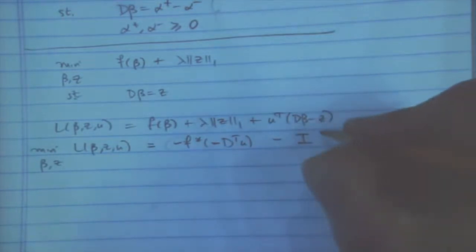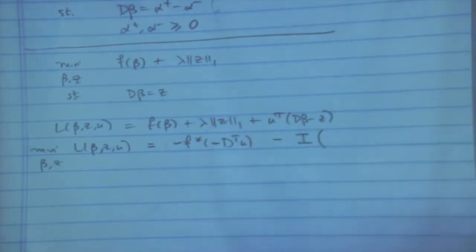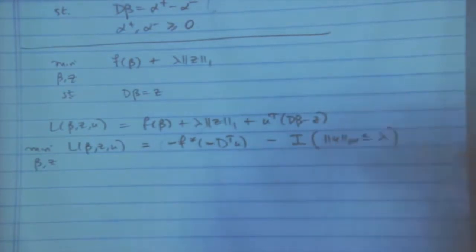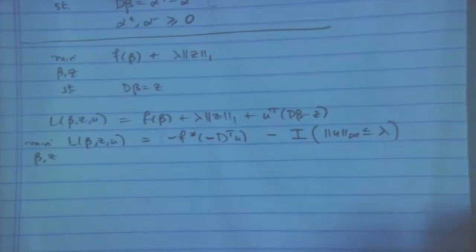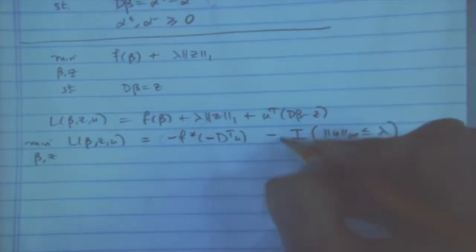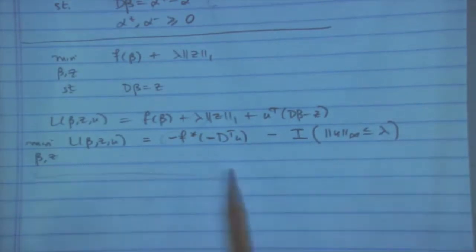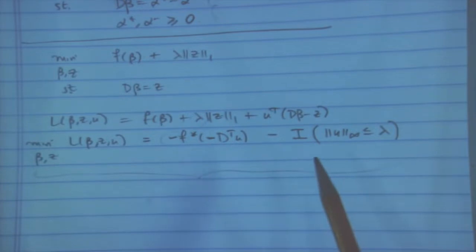So it's the indicator that u over lambda has infinity norm less than or equal to 1. Or in other words, the indicator that u has infinity norm less than or equal to lambda. There really is technically a lambda multiplying here, but that doesn't change anything because this is either 0 or infinity. So this is the dual function. And I've now written it equivalently up here as a minimization problem with a constraint. This became a constraint.